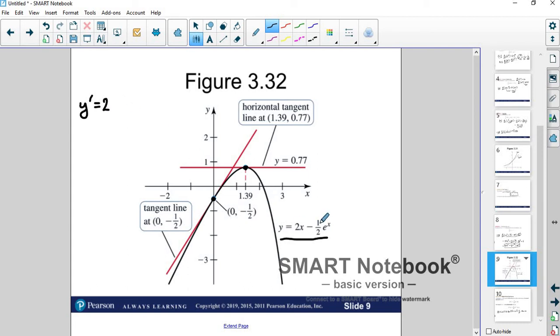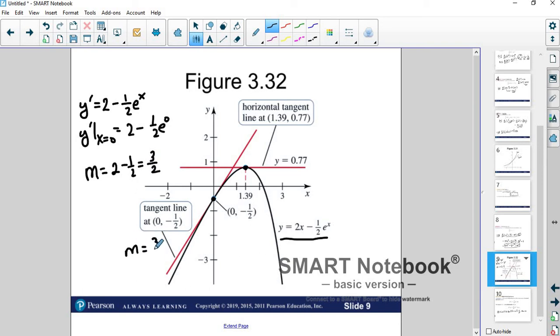What's the derivative of 1/2 e to the x? It's also 1/2 e to the x. And so if you want to find the slope of this tangent line when x equals 0, you plug in x equals 0. And so you get 2 minus 1/2 e to the 0. E to the 0 is 1. And so the slope of the tangent line is 2 minus 1/2, which is 3/2. And so the slope of that line right there is 3/2.